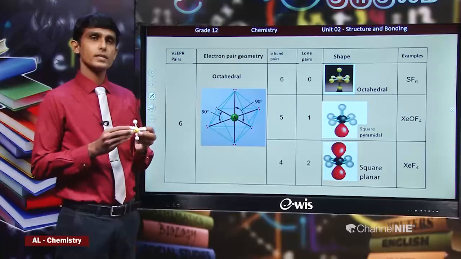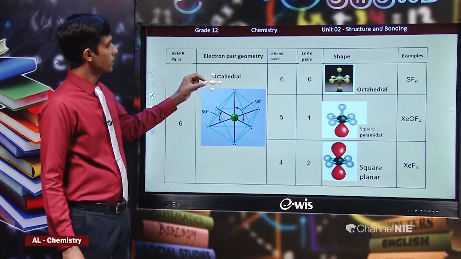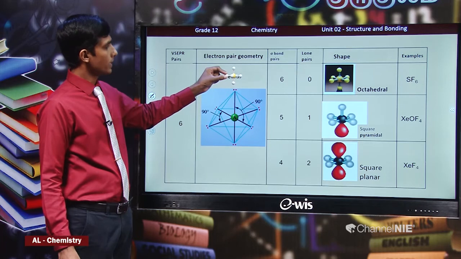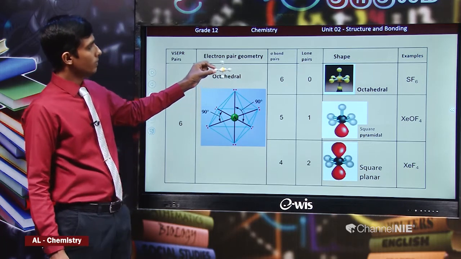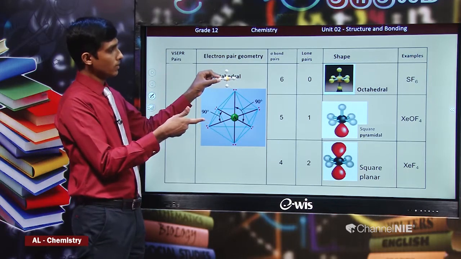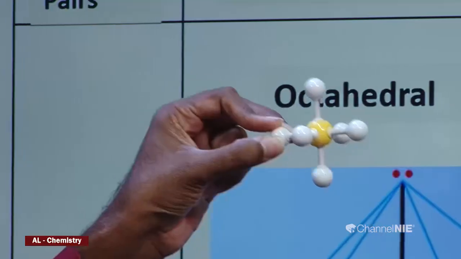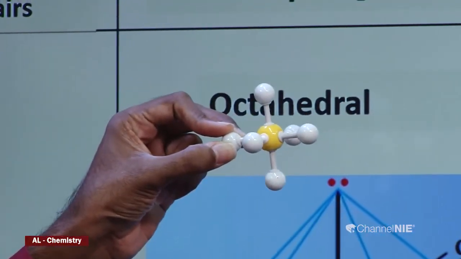When there are 6 VSEPR pairs, they are arranged octahedrally, or in a square bipyramidal arrangement like this. When all 6 are sigma bonding pairs, with no lone pairs, the shape of the molecule or ion is also octahedral.